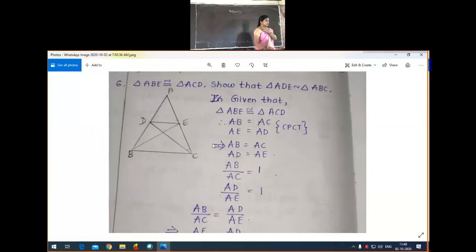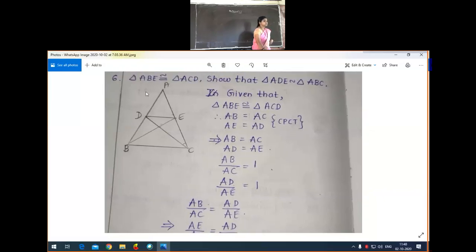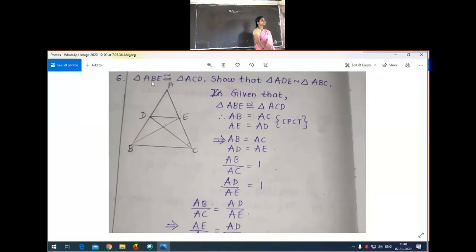Okay students, we'll go to the sixth question now. The sixth problem is like this. Triangle ABE is congruent to triangle ACD.